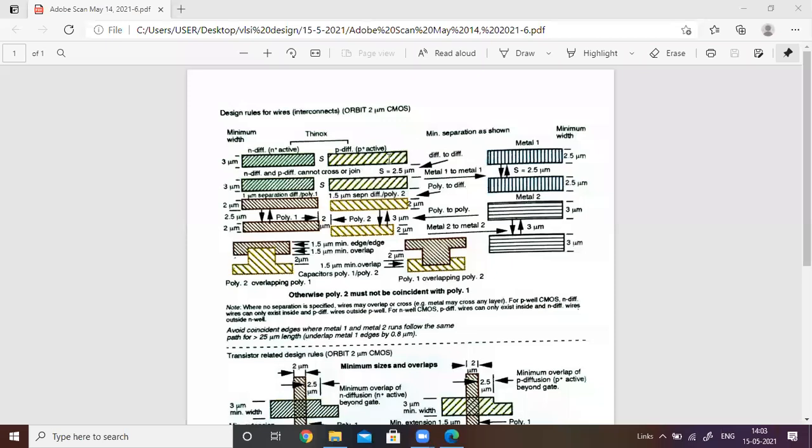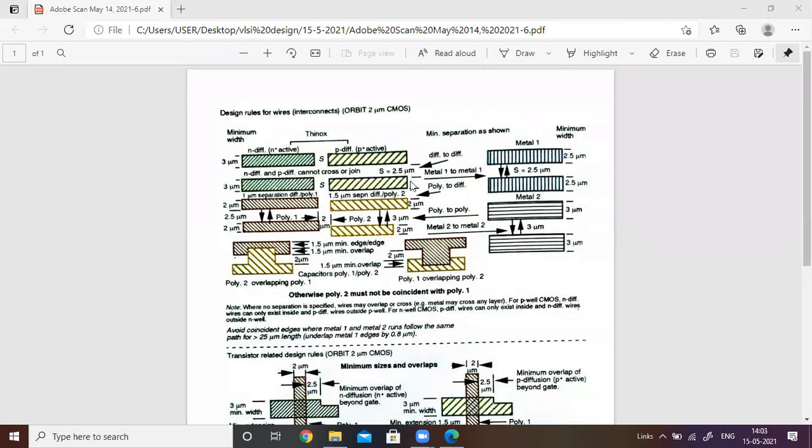Similarly, the P diffusion also has 3 micrometer. Sometimes this changes to a different value, like 2.5 micrometer, so just follow the rules here. Now the minimum separation between the two diffusions is 2.5 micrometer.